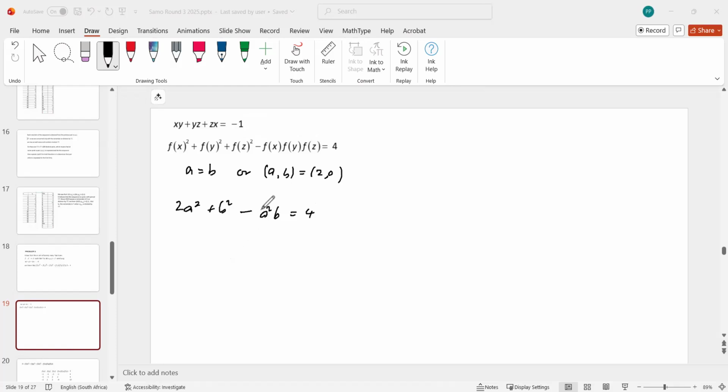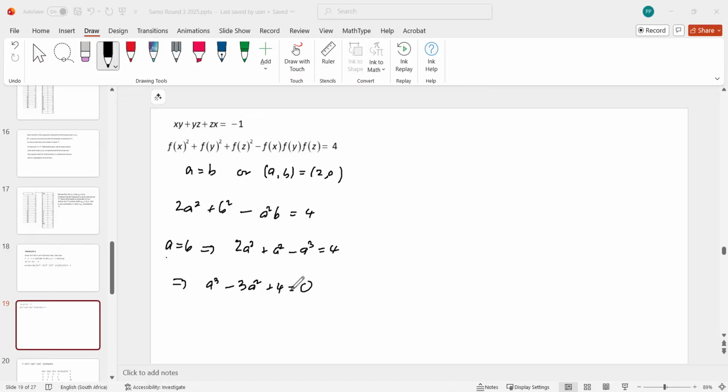Now, if A is equal to B, then you have 2A squared plus A squared minus A cubed equals 4. And this implies that A cubed minus 3A squared, bring it to the other side, plus 4 is equal to 0. And here you got a cubic equation.